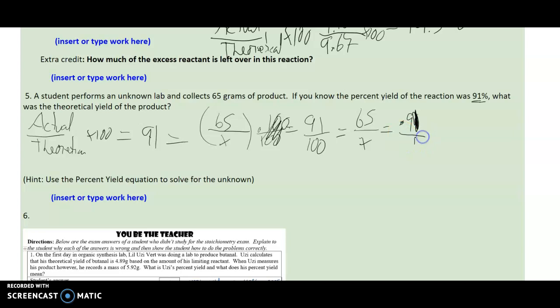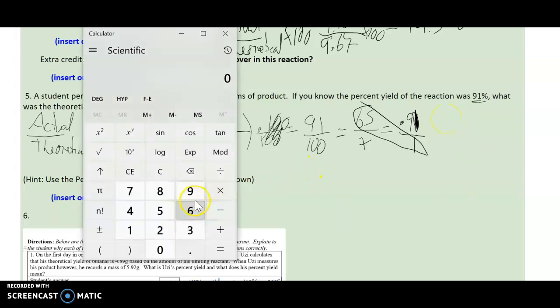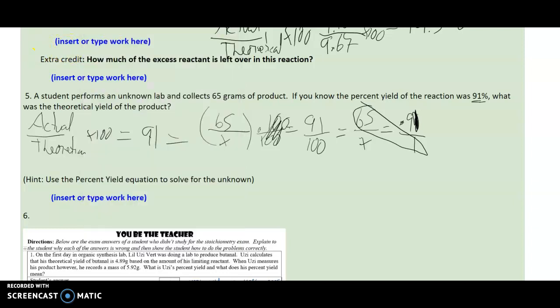If it's over nothing, you can say it's 0.91 over 1. So what this is yelling to me is, let's do some cross multiplying. So 65 times 1 is 65, then divided by 0.91. 65 divided by 0.91 is 71.42. So that's a cross multiplying method.